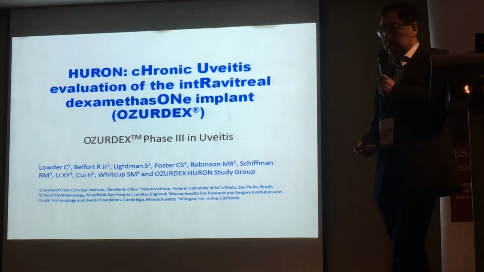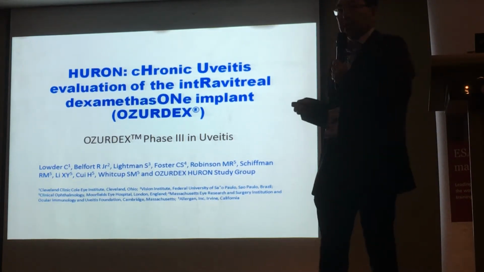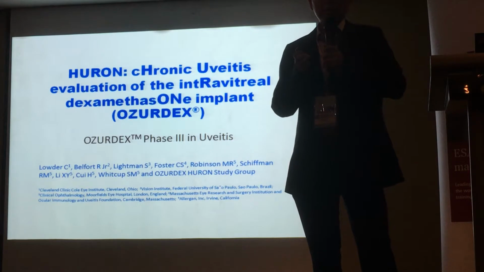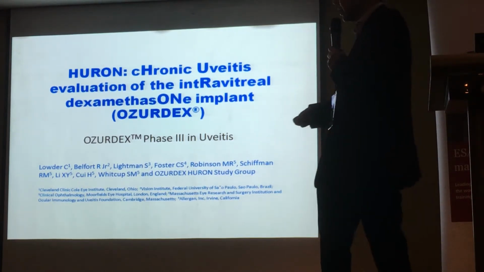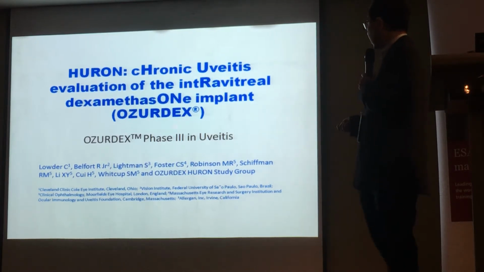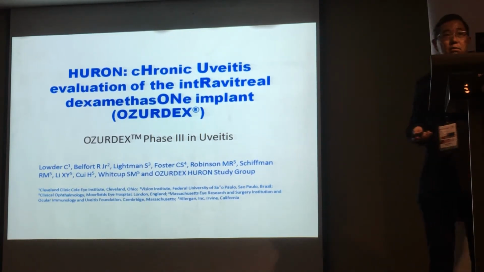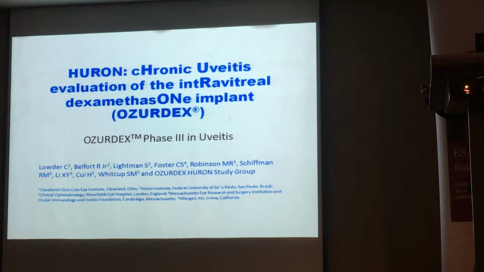Firstly, the Ozurdex implants. The pivotal study for Ozurdex, which is approved now for uveitis in many countries, is the HURON study, which is chronic uveitis evaluation of the intravitreal dexamethasone implant. Do you know that most companies, a big pharma, have one department just to think about names for trials? It's very complex, right? I mean, trying to find an acronym for this.